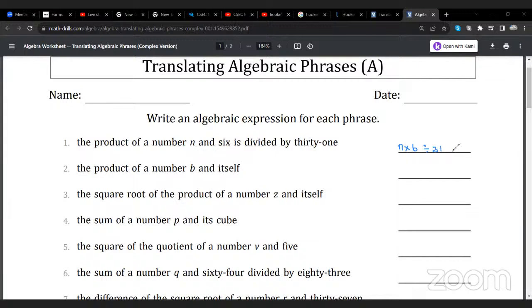But could we simplify this any further? We'll get a chance to simplify it further. You want to try, Brianna? Could it be written a different way?